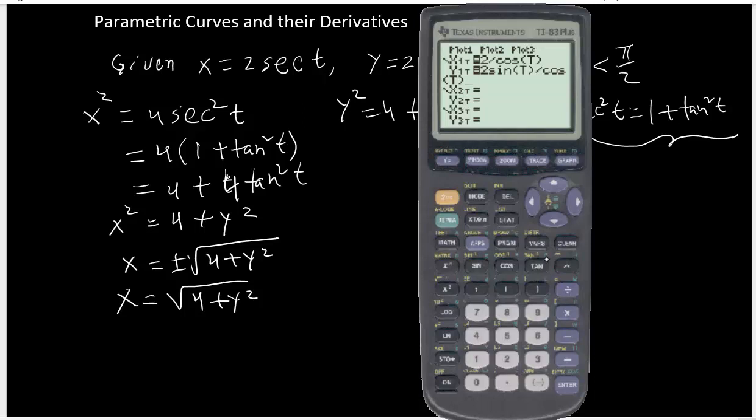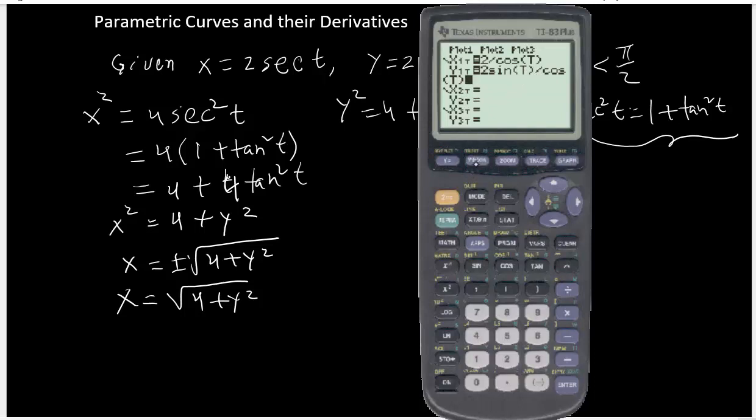So 2 secant t will be 2 over cosine t, and we write that here. I'm writing uppercase T for this t, so it comes directly from this symbol. And in the same way, y equals tangent t, and tangent, you know, is sine over cosine, so I'm writing sine t over cosine t.